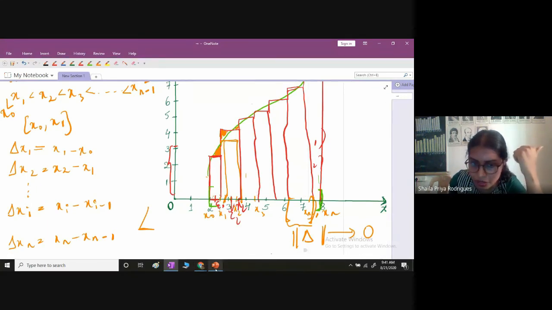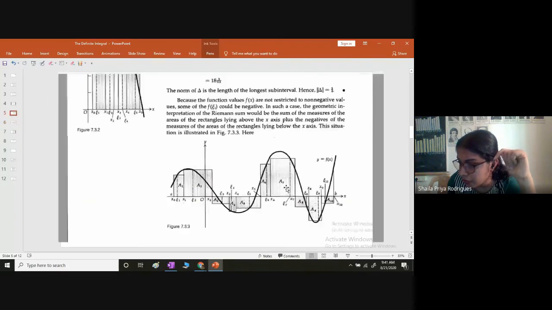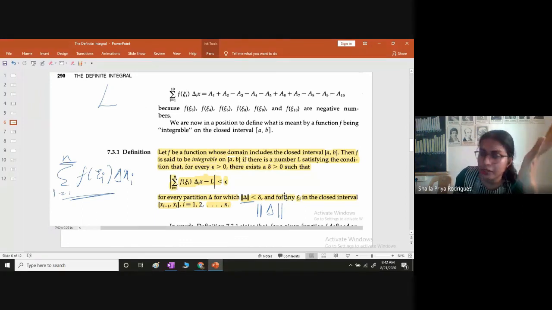In one single partition, you can have any choice of xi, that's what it says. And for any xi in the closed interval xi minus 1 comma xi, i running from 1 to n, if that partition has n subintervals. For any partition that you take, which has n subintervals in it, delta is the notation of that partition, and norm is denoted by that.